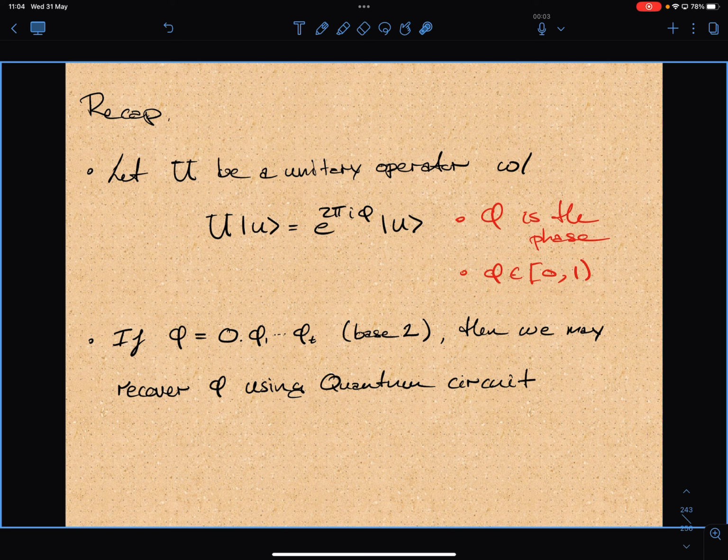Here's a quick warm-up exercise. What's the base 2 expansion if phi is equal to 1/3? I'll give you a second to look into it.